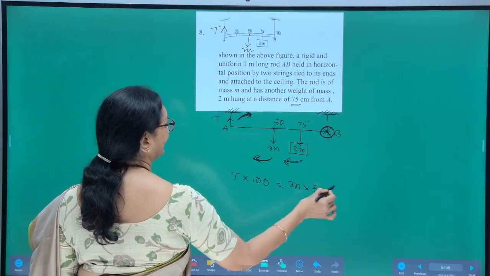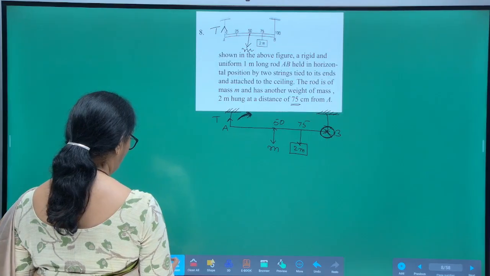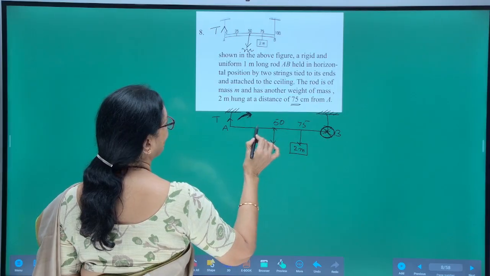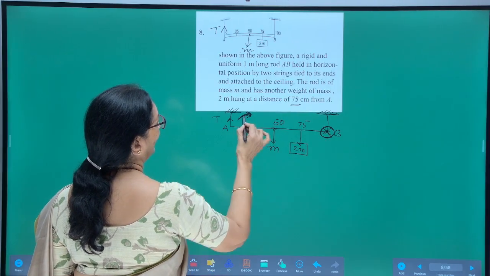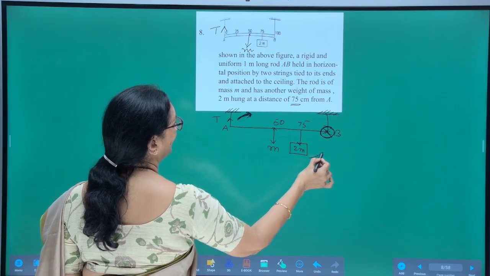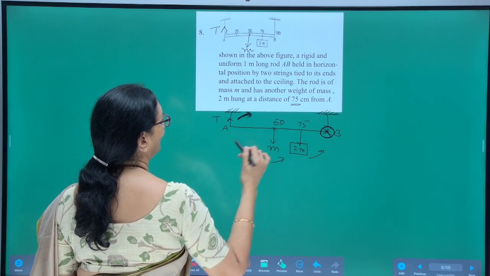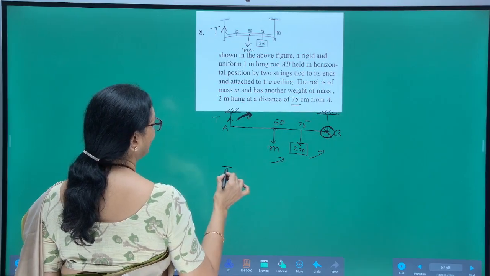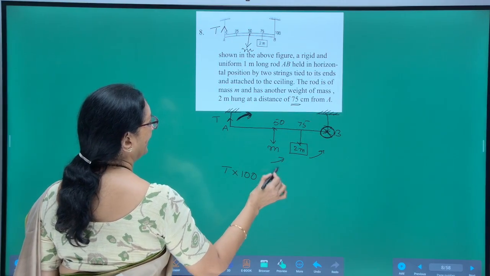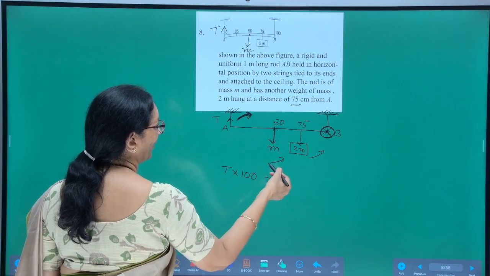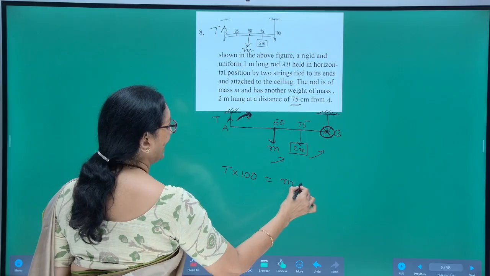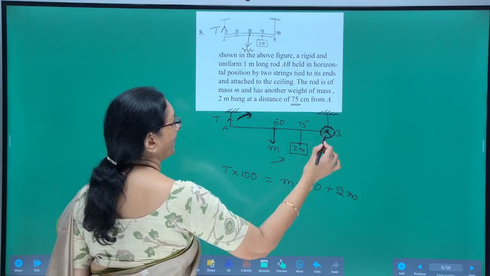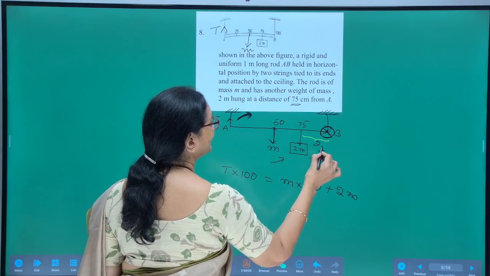So, if you take that as a reference point, look here, this tension about this creates this moment, and these two about that point create it in the opposite direction. Moment of this tension about this point is T into 100. Moment of this about this point in this direction is m into 50. Moment of this 2m about this point is, this distance now is 25.